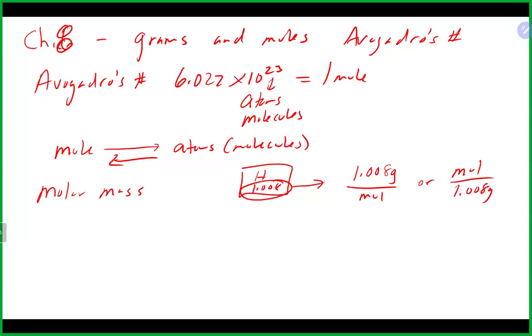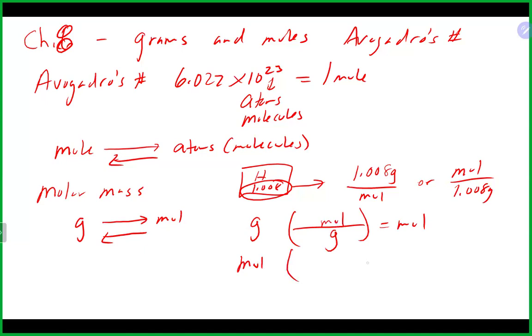Molar mass is the conversion between grams and moles. If you have grams, you divide by the molar mass from the periodic table, and that will get you moles. If you have moles, you multiply by the molar mass, and that will get you grams, as the units cancel out.